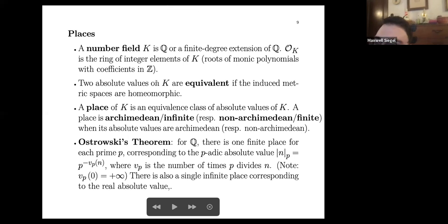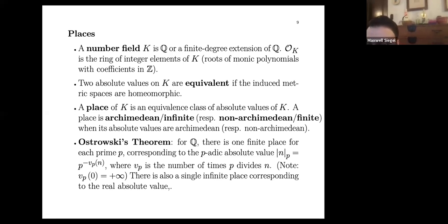Now we need to go over a little bit of algebraic number theory. A number field, K, recall, is either Q, the rationals, or a finite degree extension thereof. O_K is the ring of integer elements of K. These are the elements of K which are roots of monic polynomials with coefficients in Z. Two absolute values on K are said to be equivalent if the metric spaces they induce on K are homeomorphic.